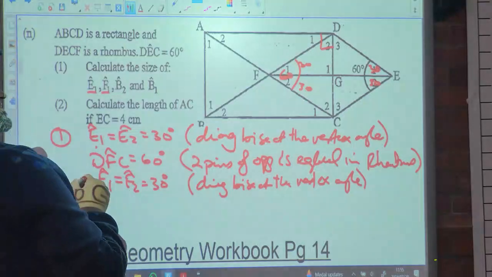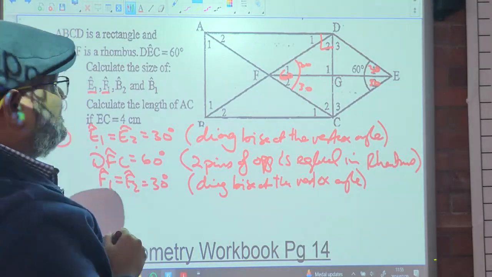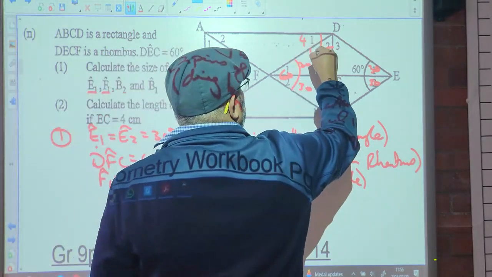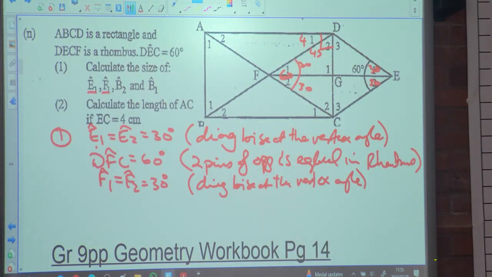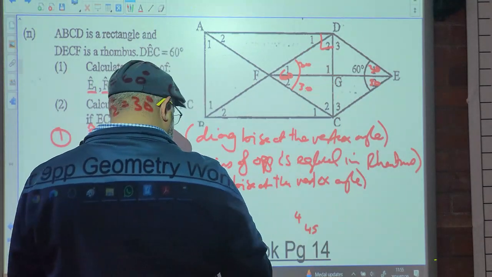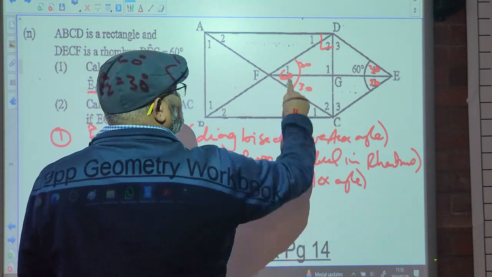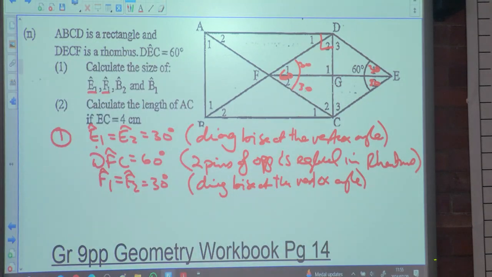So how's that going to help us? Okay, could I say this is 45, 45? No, why not? Why can I not say those two angles are 45? When would it be 45? A square, yes. We are not given a square at this point.